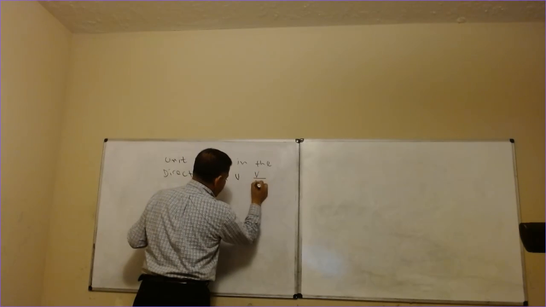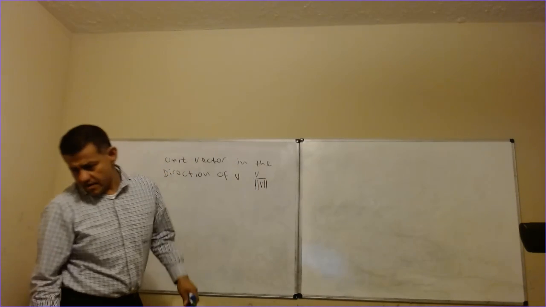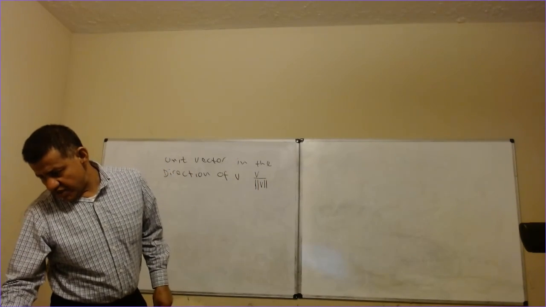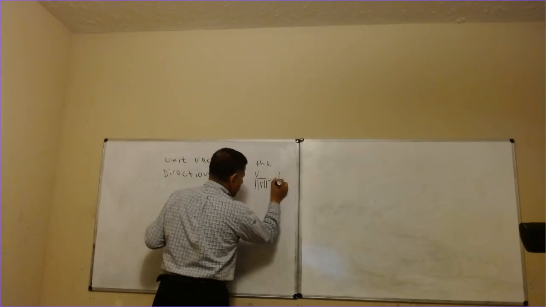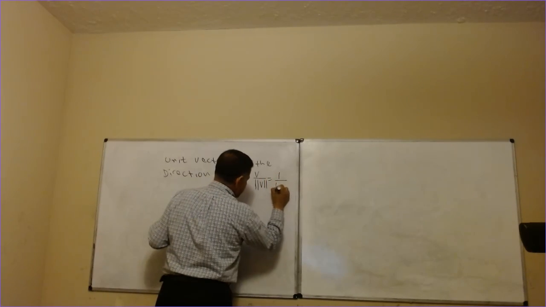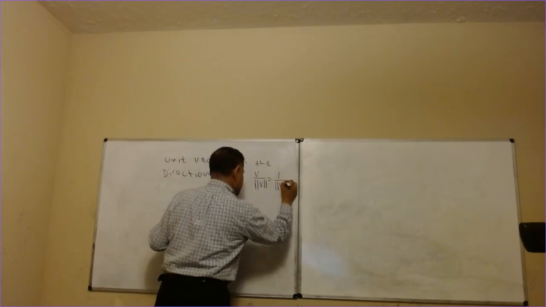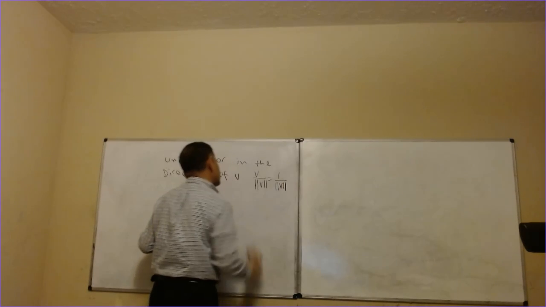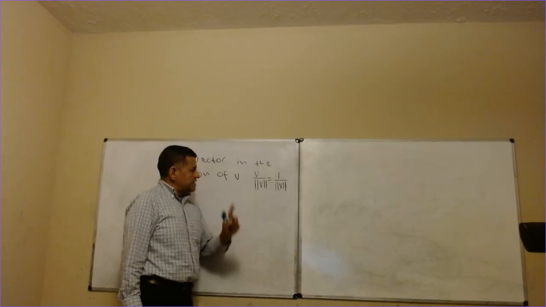V over the magnitude is described by this, and this is very important to understand, which is equal to 1 over that magnitude, like that, right? And that is the unit vector, right? So this is equivalent to that, okay?